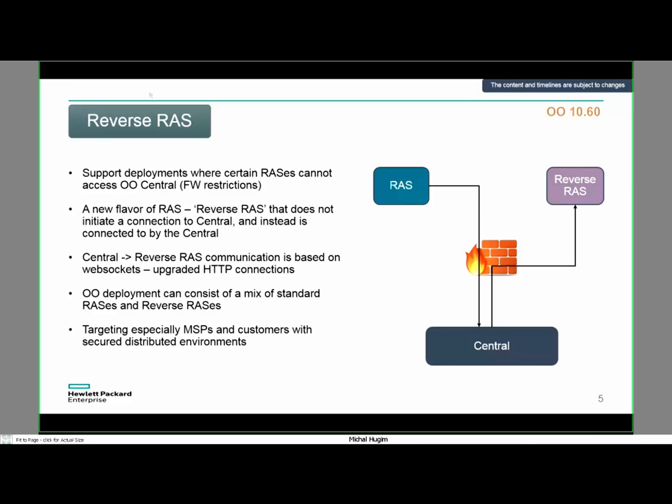We understand that it is targeting mainly managed service providers, whether the RAS is in-house or at their customers, or customers with a distributed environment with stricter security restrictions between the data centers, so it's probably also helping.